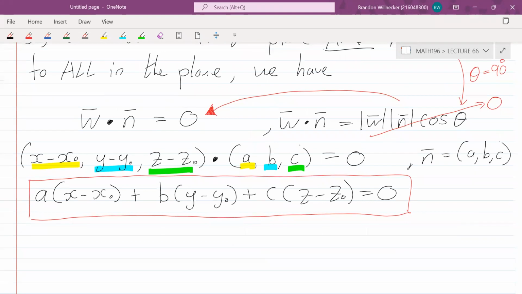Okay, so remember, the normal is a, b, c, and some point in the plane P is given by x naught, y naught, z naught. So if we know those 2 bits of information, then we can determine if x, y, z is in the plane or not.